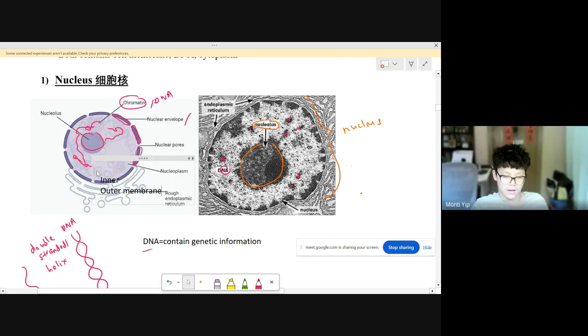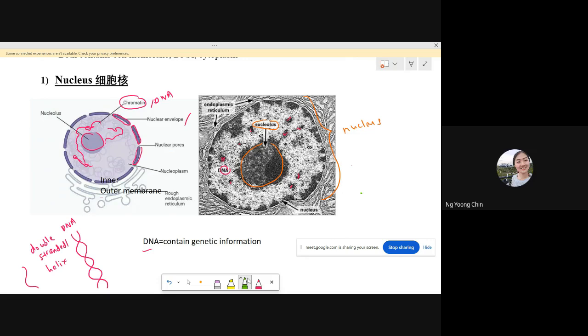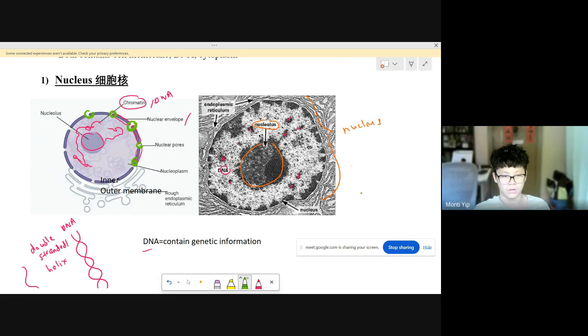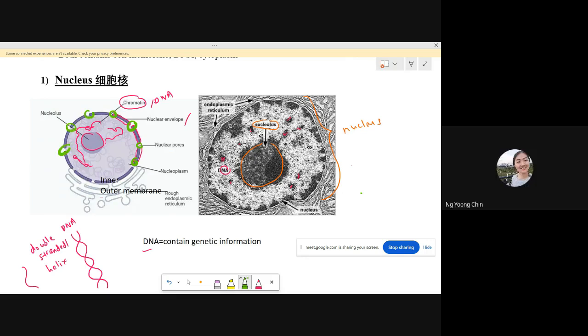Also, these nuclear membranes have a pore. See, the pore exists between them. This is a nuclear pore. It's just like a door in the wall, an open door.